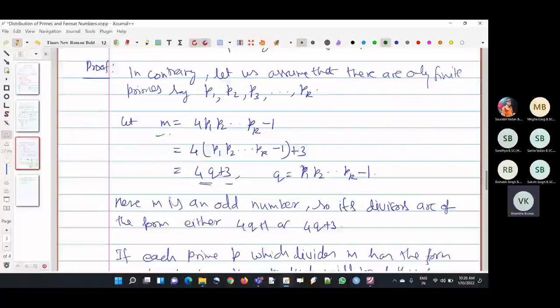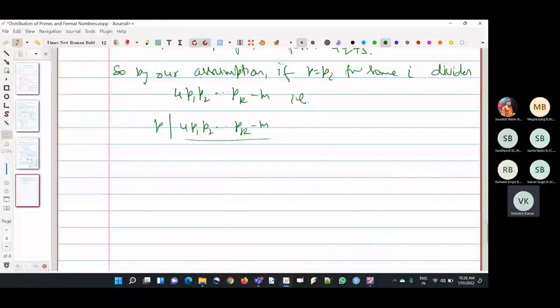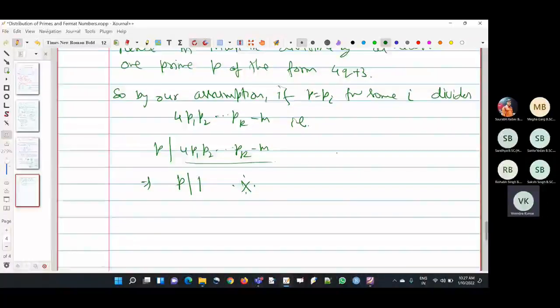Once we subtract m from here, we will be getting 1. So this implies that p divides 1, and this is not possible.